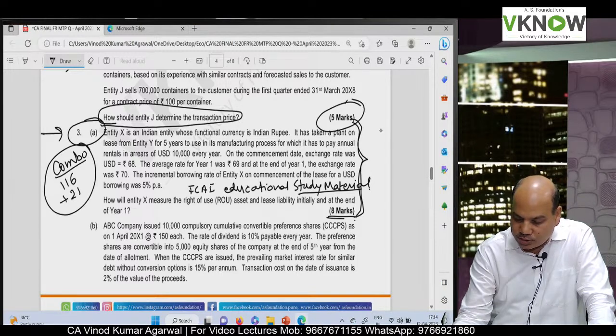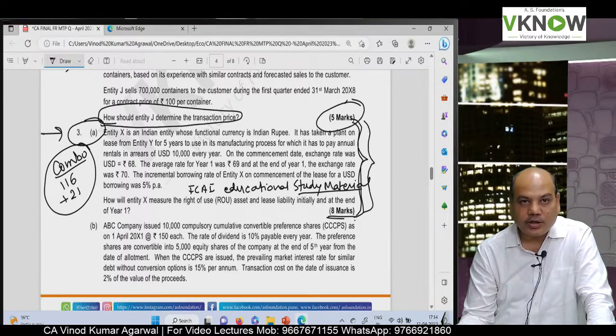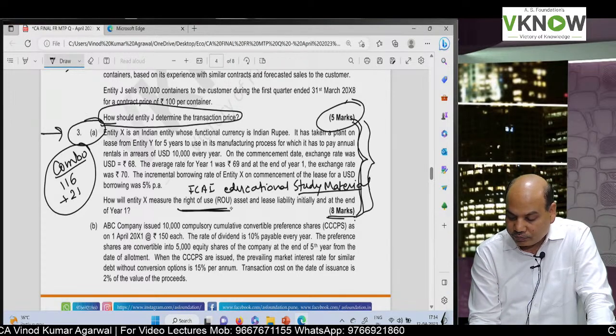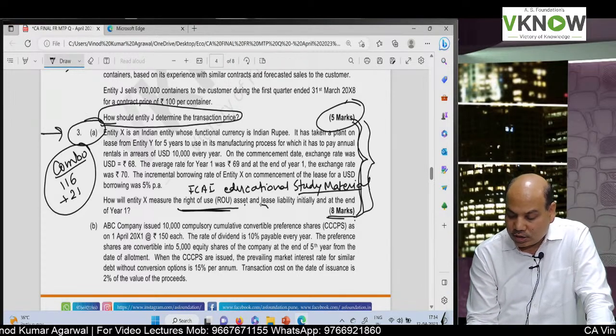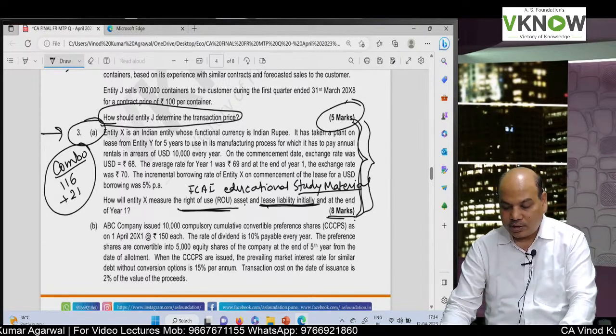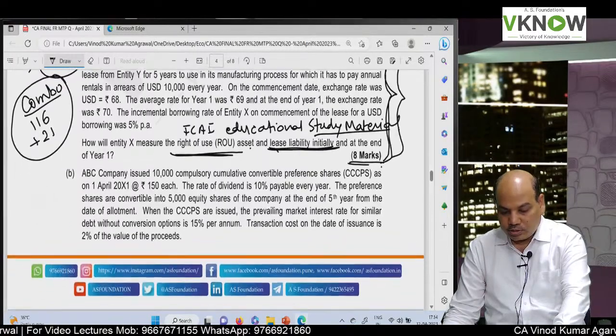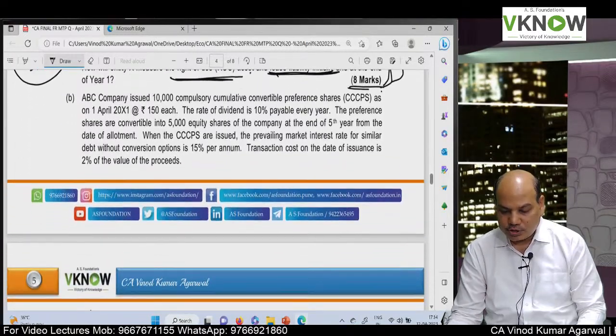Okay, so this was a lease payment to be made in foreign currency. So at the end of the year, how will you present the ROU asset, how will you present the lease liability? That was the issue.